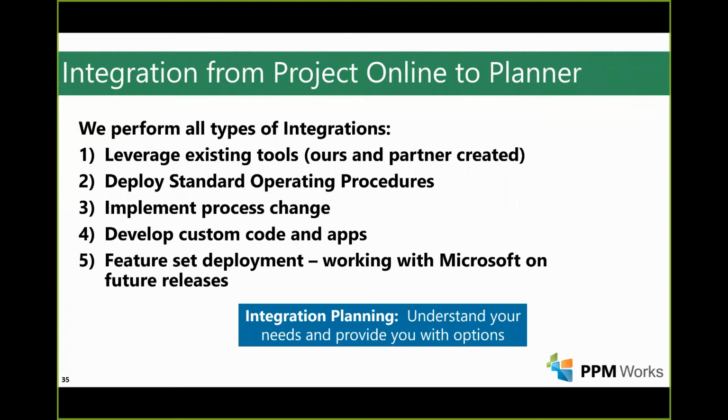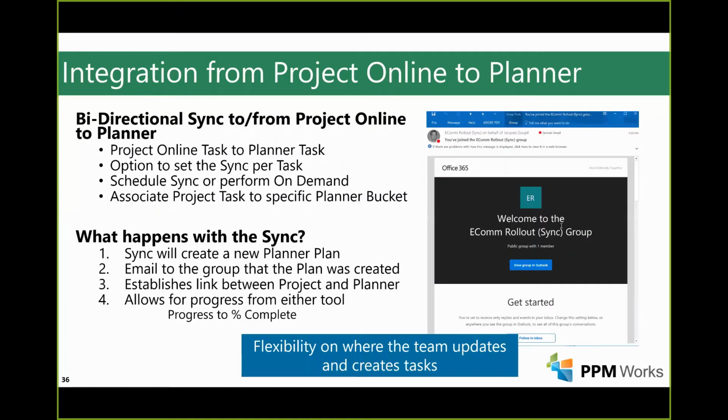So keep checking back. In this case, we're going to talk about a bi-directional or one-way sync, from Project Online to Planner or Planner to Project Online. In an earlier webinar, we talked about Project Agile and integration there, potentially with other lines of business.